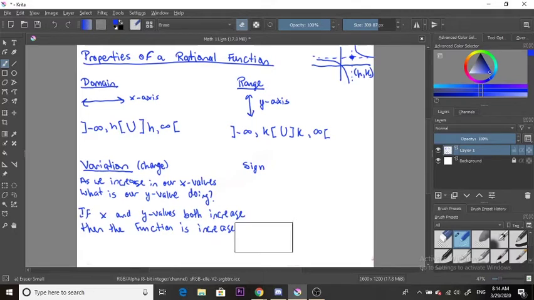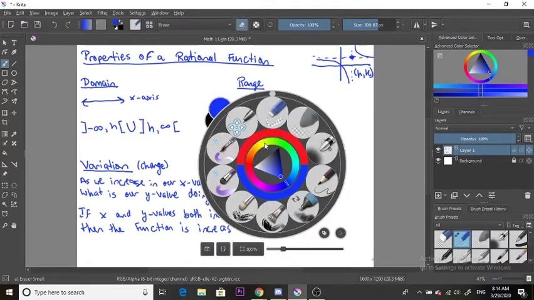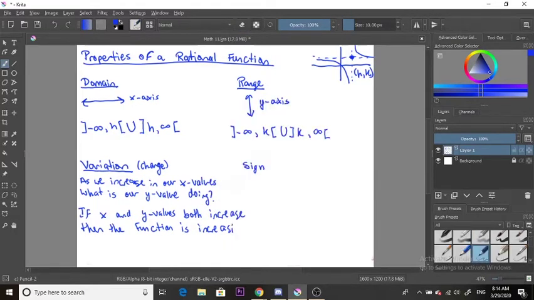Let's use proper grammar here. Now, this is pretty straightforward.